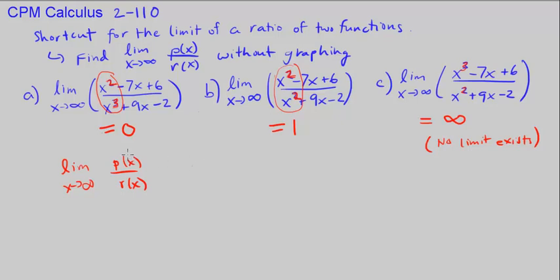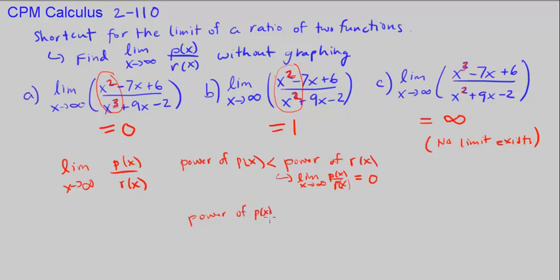If in the numerator the power of p of x is less than the power of r of x, the one in the denominator, then our limit as x goes to infinity of the ratio p of x over r of x equals 0.